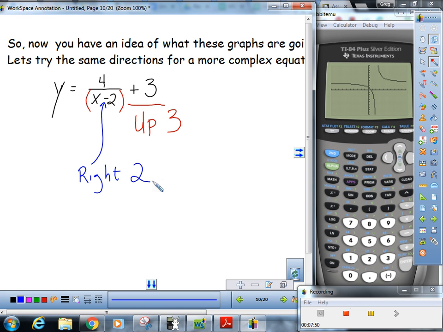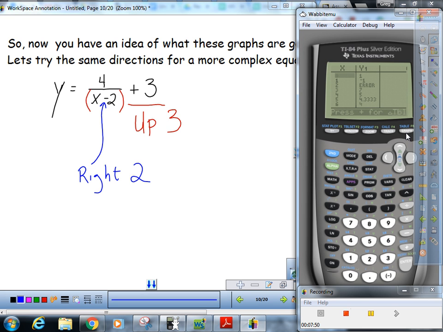If you notice, let's see. You got an asymptote right here. And well, let's just take a look at our table. You got an asymptote at 2.